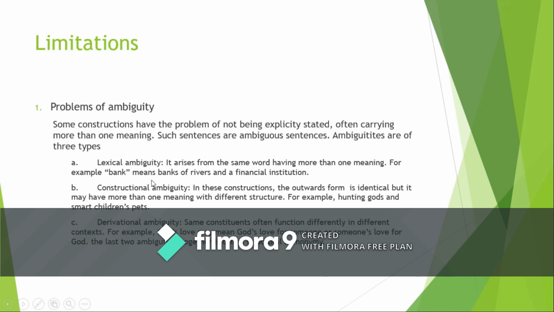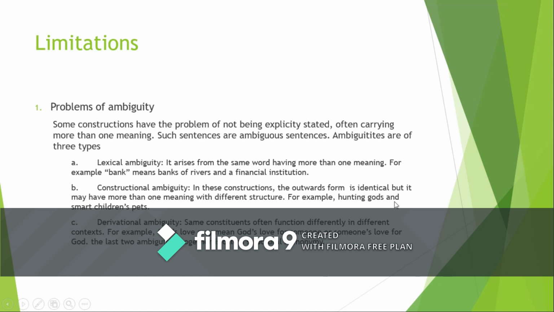First is lexical ambiguity. Lexical ambiguity means the same word has different meanings. For example, bank. Bank can mean a financial institution or the banks of rivers. So that is lexical ambiguity. Then second is constructional ambiguity. This arises in the way certain constructions are made. For example, hunting dogs. Sorry, this is a spelling mistake.